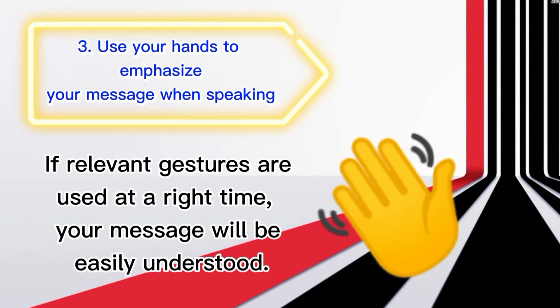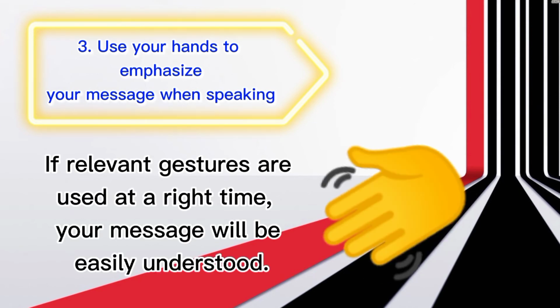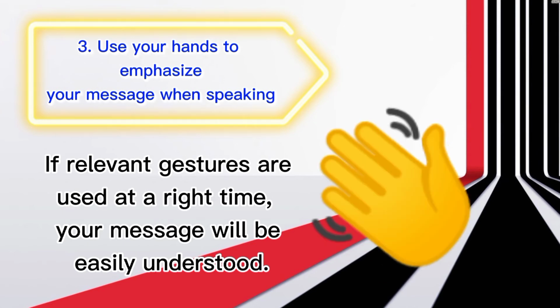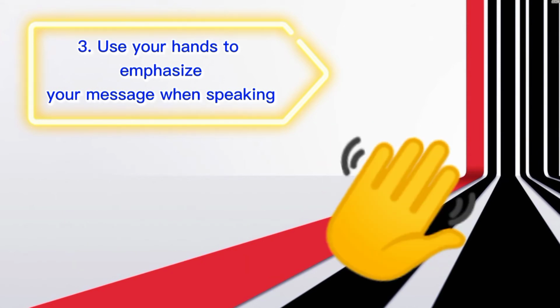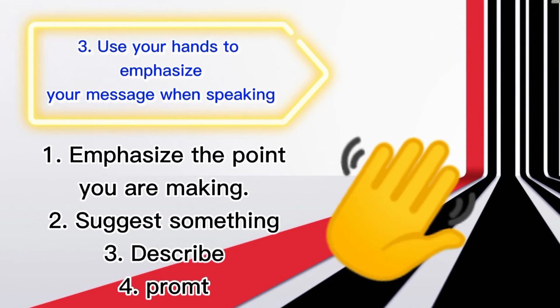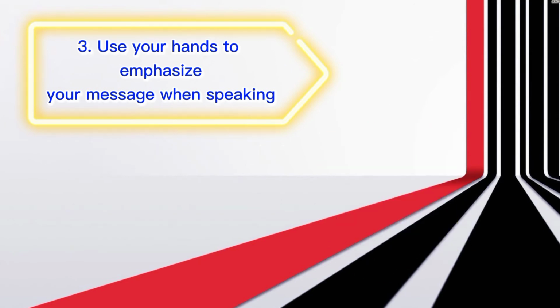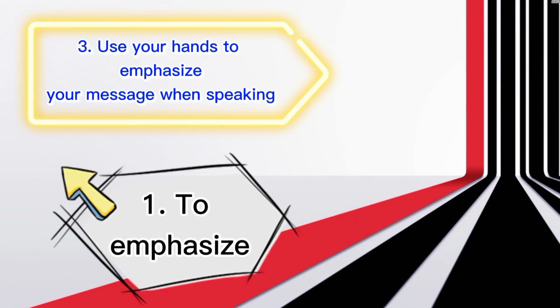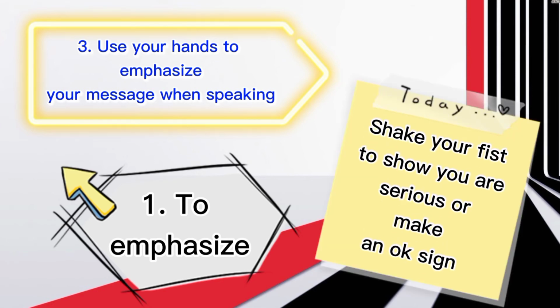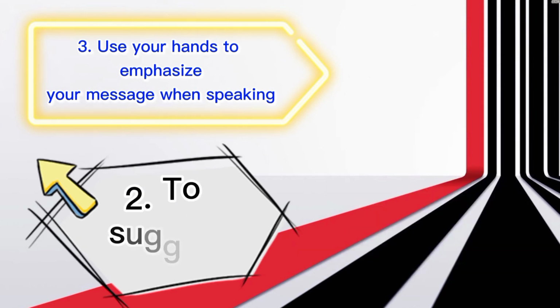If relevant gestures are used at the right time, your message will be easily understood. These gestures can be used to emphasize the point you are making, suggest something, describe, and prompt. To emphasize the point you are making, an example is you shake your fist to show you are serious, or you make an OK sign with your fingers.